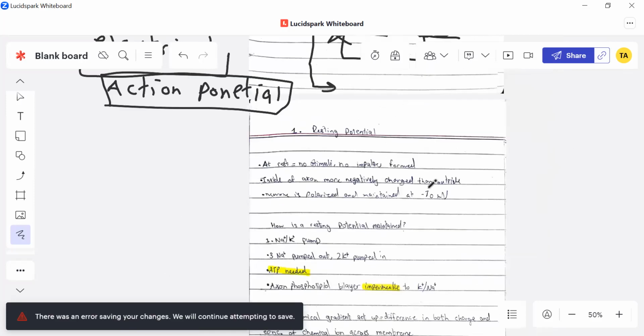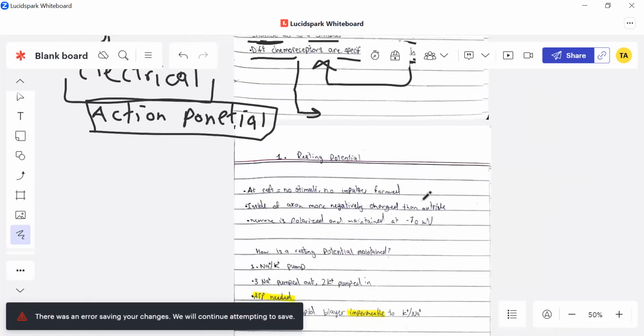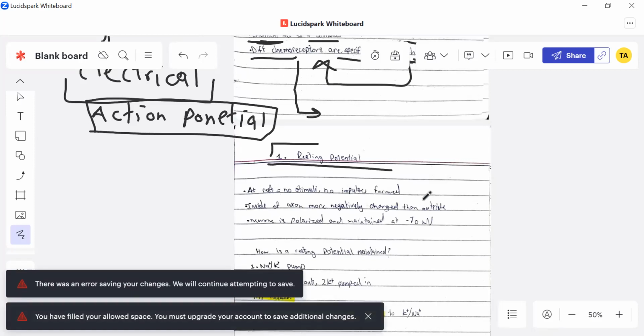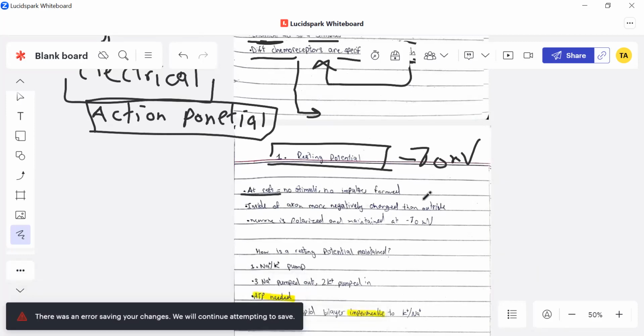Let's talk about action potentials now. Remember, the resting potential in your body is negative 70 millivolts. At rest, when your cells are at resting potential, there is no stimulus and no impulse found in your body. The inside of the axon is more negatively charged than the outside.